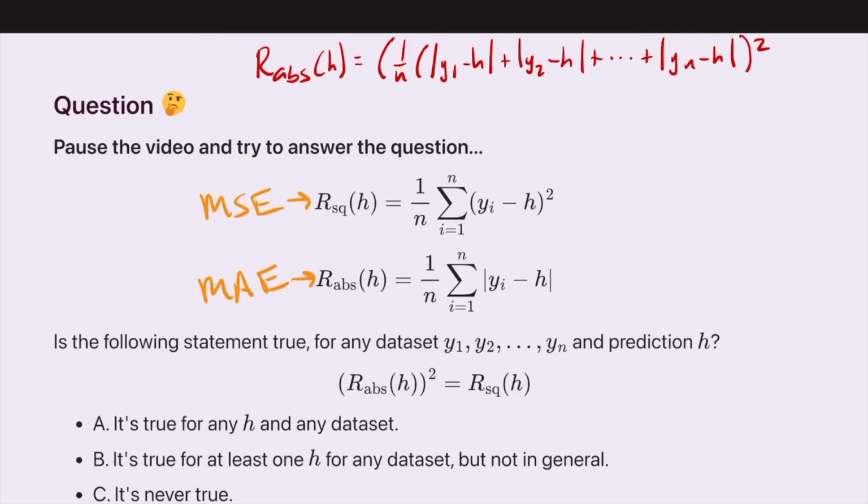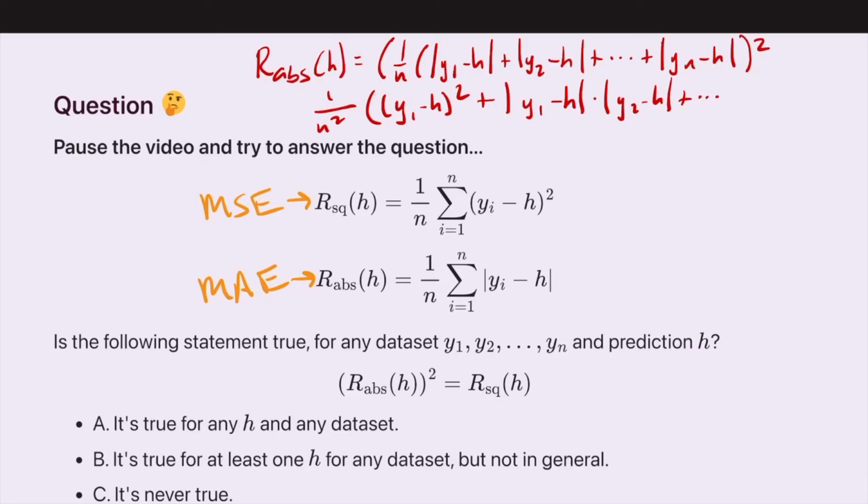Well, it is true that we have some constant out here, 1 over n squared, and we get some things in this that do resemble mean squared error. So we'll have some stuff like y1 minus h squared, but we're also going to get other additional terms that we don't really want to see if we're trying to say this is mean squared error. Times y2 minus h, so on and so forth.